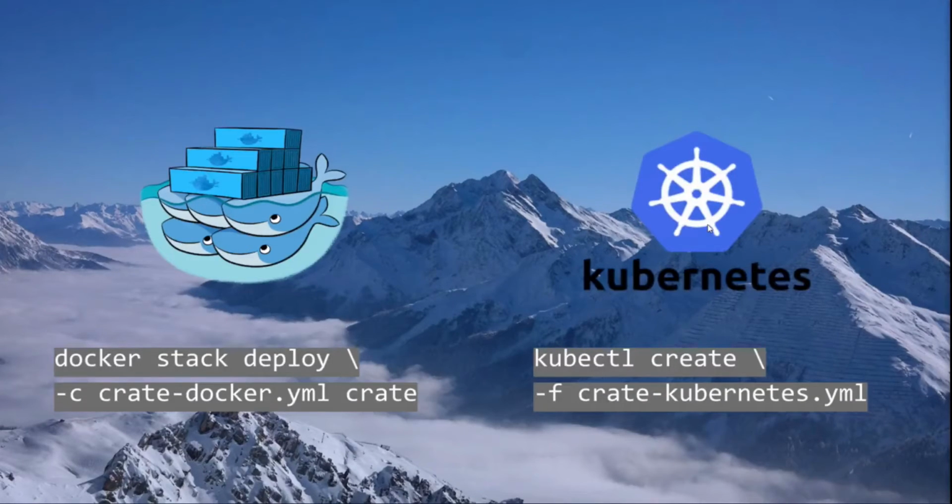Docker Swarm and Kubernetes and other orchestration tools are extremely important when it comes to running highly available services in production.